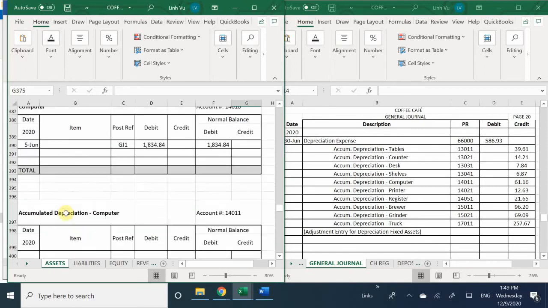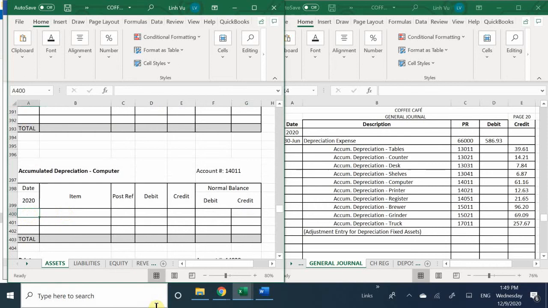Office equipment, computer, accumulated depreciation for the computer. 6/30 adjustment. General Journal 20, and the computer was $61.16. Good.